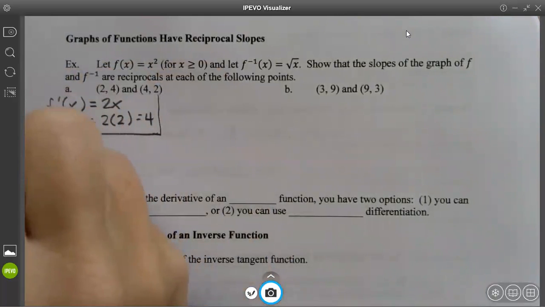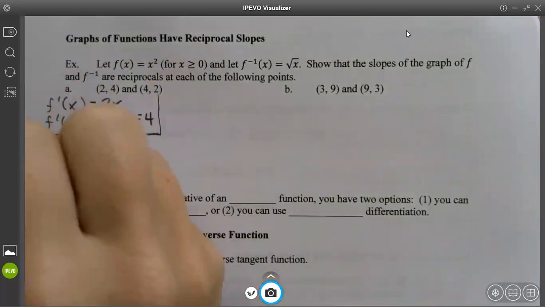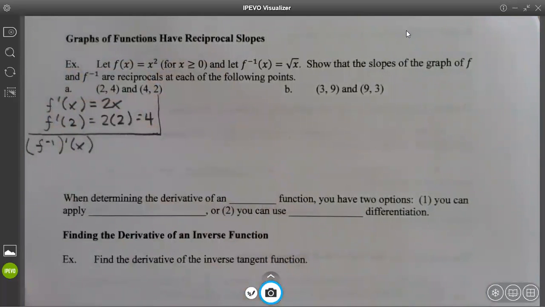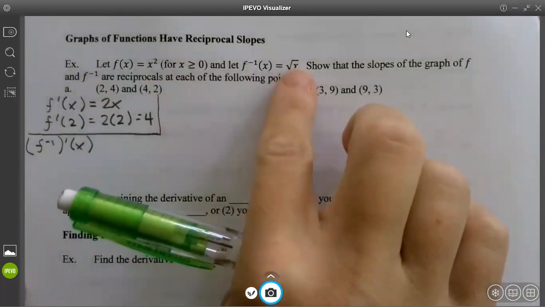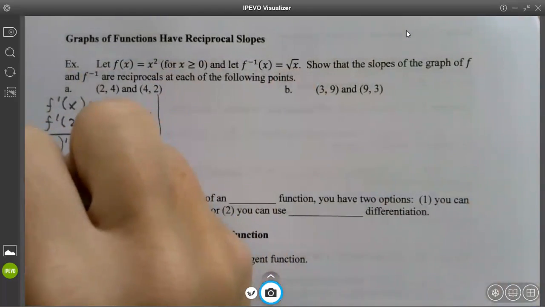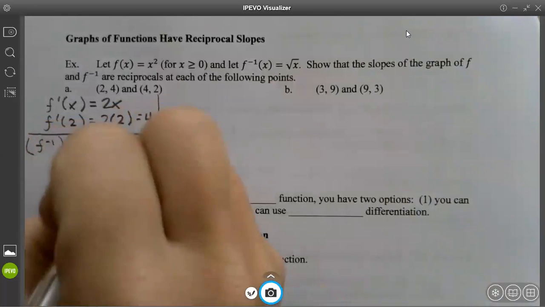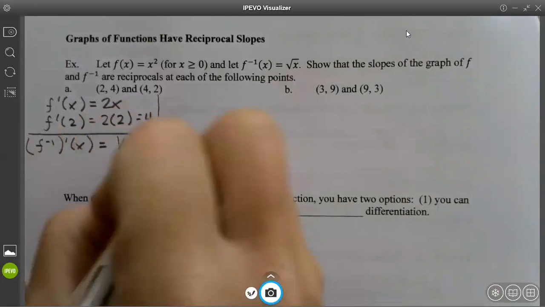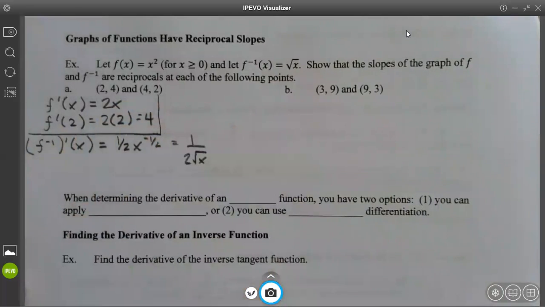You're going to do the derivative of f inverse of x. So the derivative of the inverse. It tells you the inverse is square root of x. Okay, so they give you that. Tell me what the derivative of square root of x is. 1/2 x to the negative 1/2 or 1 over 2 square root x. Is everybody okay with that?